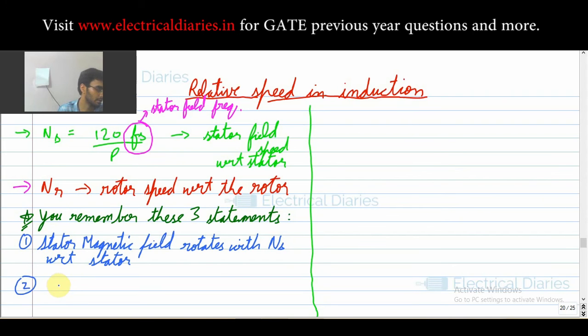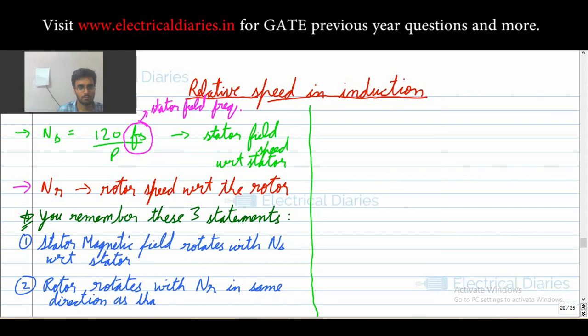Now the second statement is that the rotor rotates, and we are talking about a three-phase induction motor. The rotor rotates with NR in the same direction as that of Ns, and this is with respect to the stator.